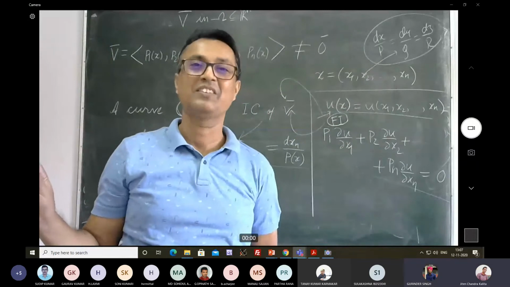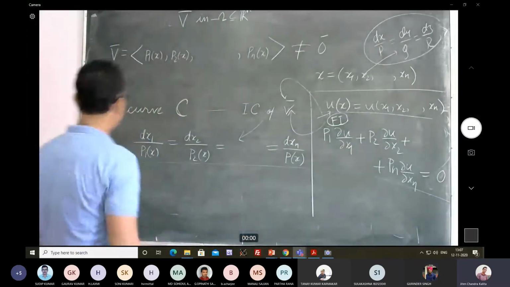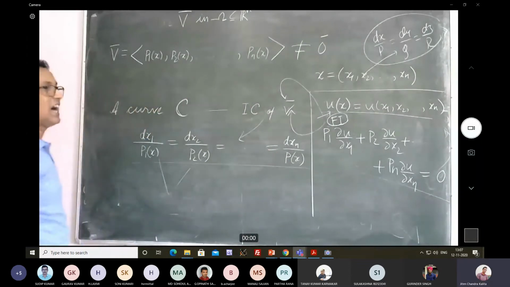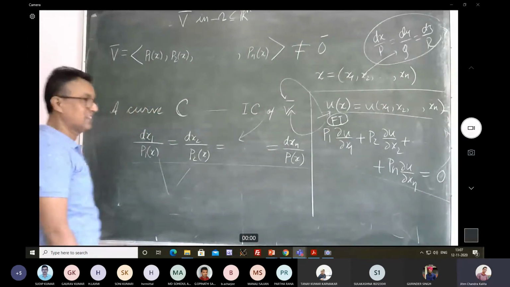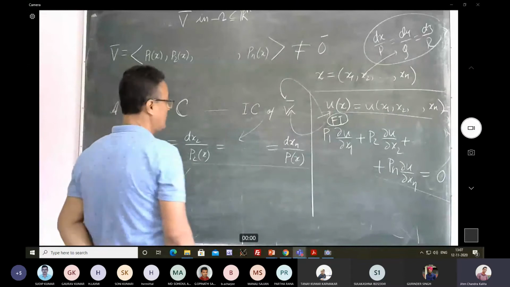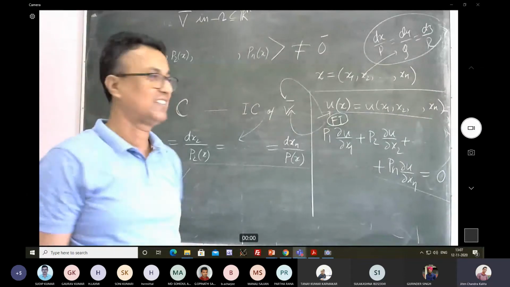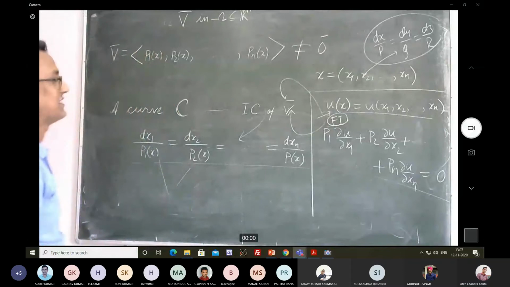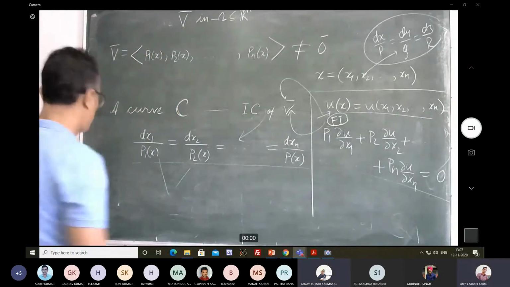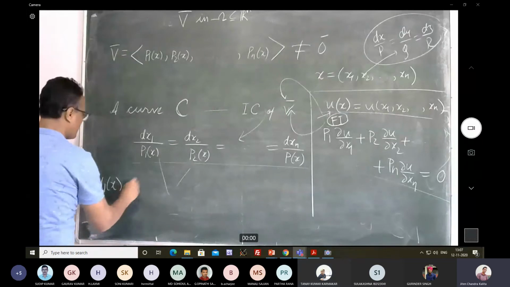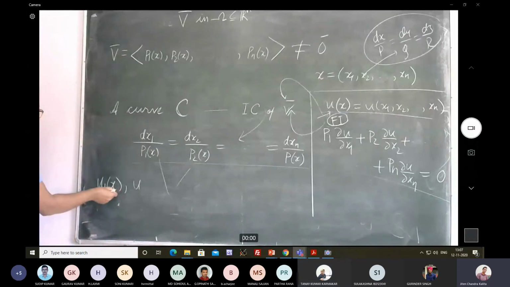Fine. So now can you tell me how many first integrals I have to find in order to produce a curve? N minus 1. Although I have written x here, in fact there are x1, x2 up to xn.